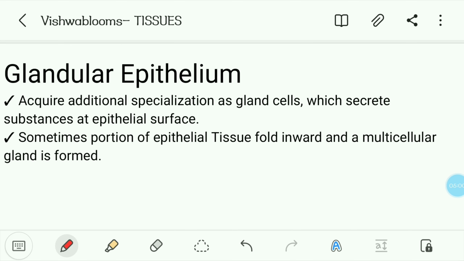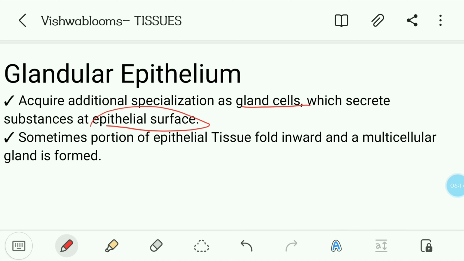Now glandular epithelium. It will acquire additional specializations, so it has some extra features, like gland cells, which secrete substances at the epithelial surface.